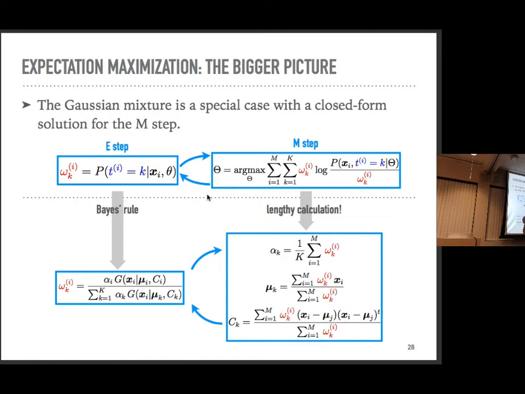Over here, there's a very lengthy calculation in the Gaussian case to show that this is actually the correct maximum likelihood solution for the weighted covariances and means problem. But in general, you have this pesky argmax here. That's mathematician's notation for you've got to call something inside to optimize. You're going to have to do some nonlinear iteration.